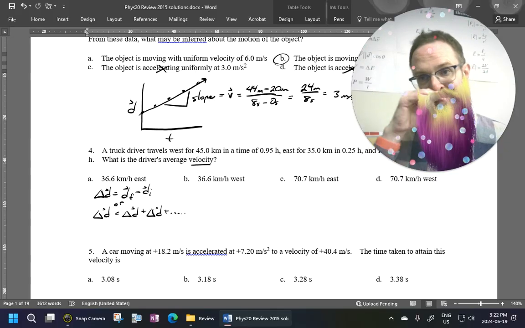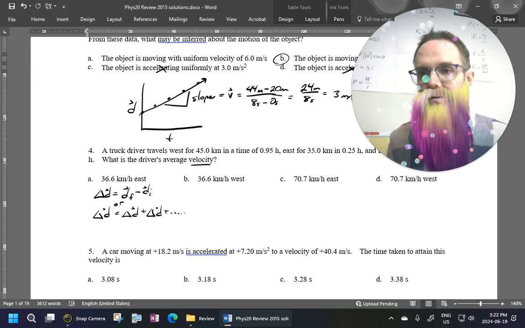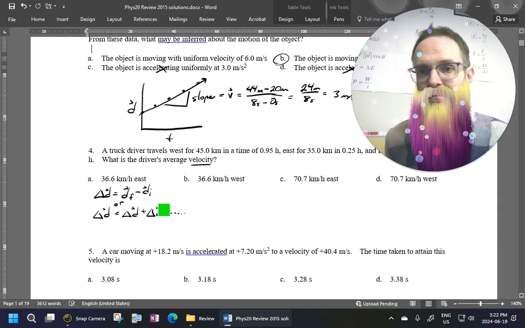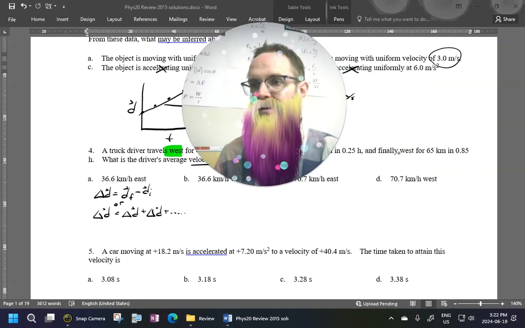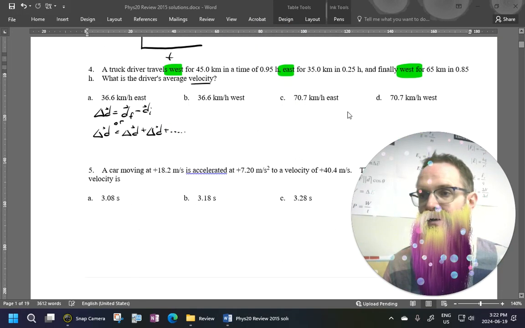And I got to find the displacements. Well, I do. I know all the displacements, right? So when I'm doing this, we have to remember these are all vector quantities. So I got all these west, I got this east, and then another west over here. So I got all these displacements I got to worry about.